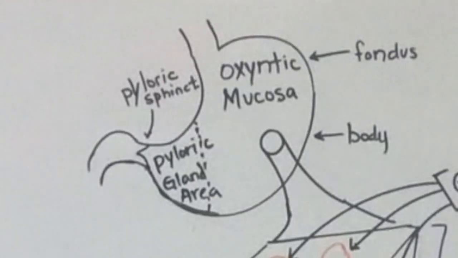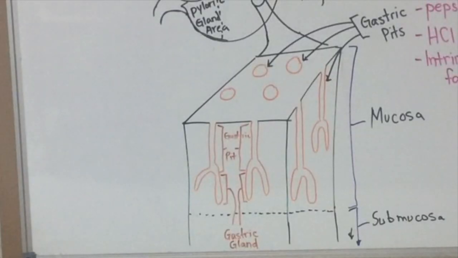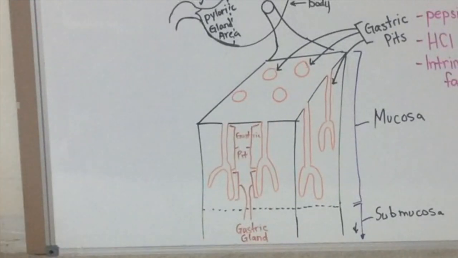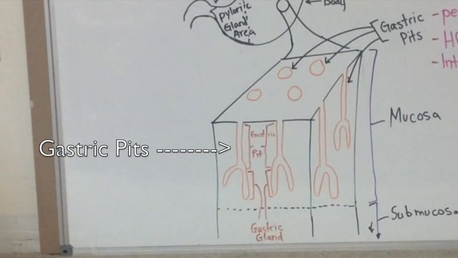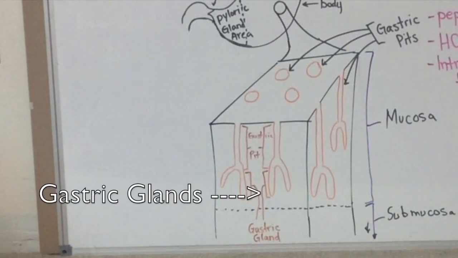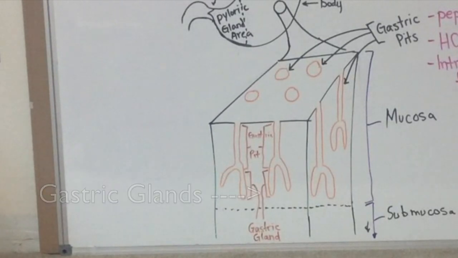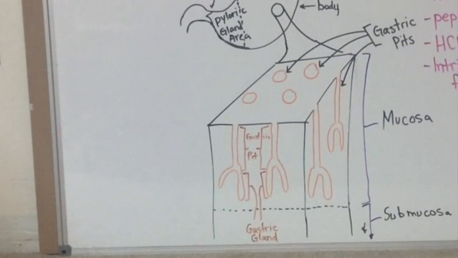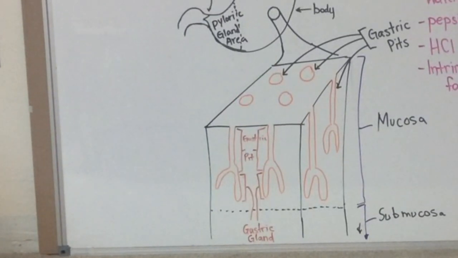Lower in the antrum is the pyloric gland area. All areas of the lumen of the stomach are pitted with deep pockets that form infoldings of gastric mucosa. These infoldings are called gastric pits, at the base of which lie gastric glands. Gastric pits contain a variety of secretory cells that line their invaginations.